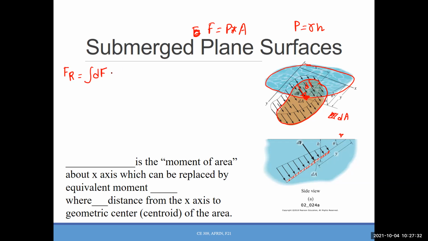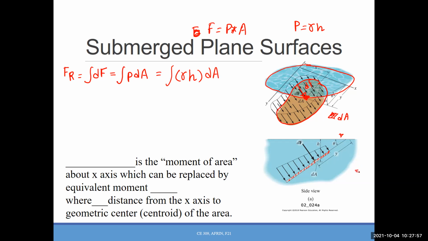And since I'm using the incompressible fluid, I will at first write down the general expression P dA. And for P, can I write down gamma H dA? Can I write that? You already know that, so I will just use that.